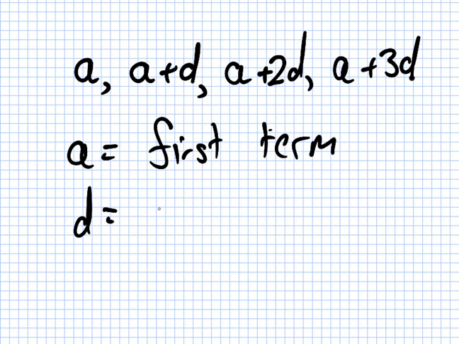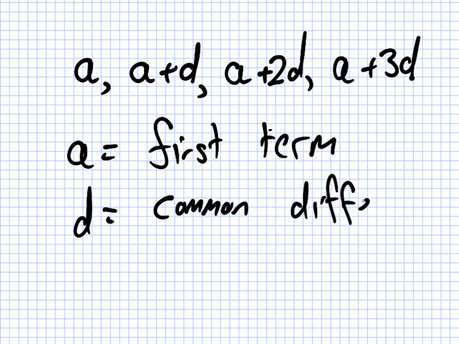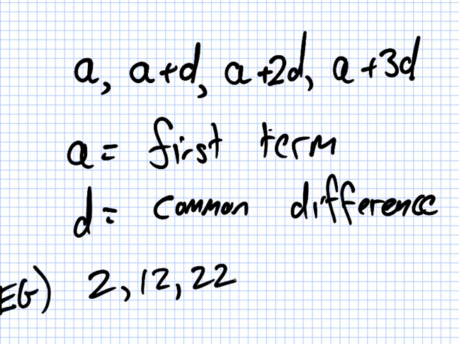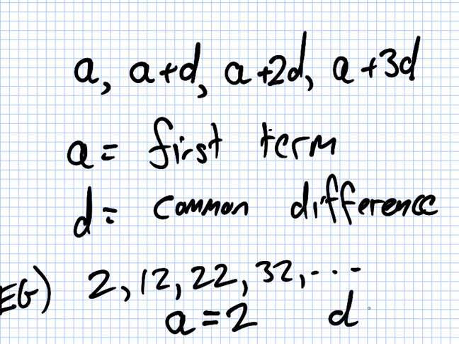We have a name for this. Does anyone know it? Common difference. So for example, in the sequence 2, 12, 22, 32, etc., what's the A? 2. And what's the D? 10.